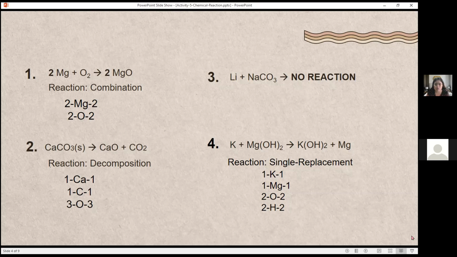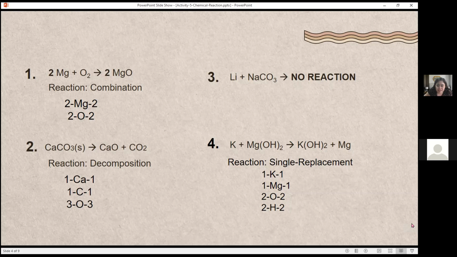So it is balanced. Number 3 is Li plus Na2CO3. We have no reaction here, ma'am, because based on the activity series, Na is stronger than Li.